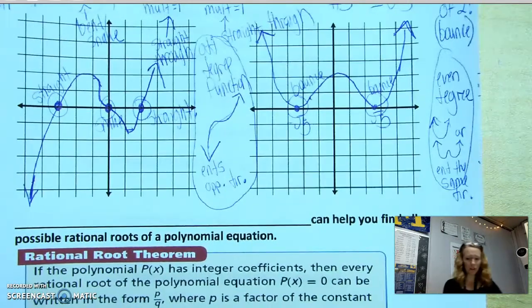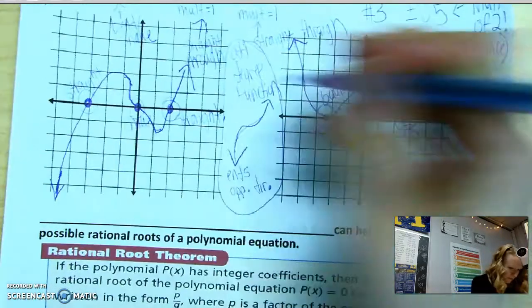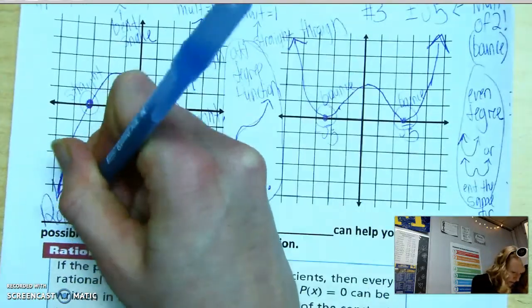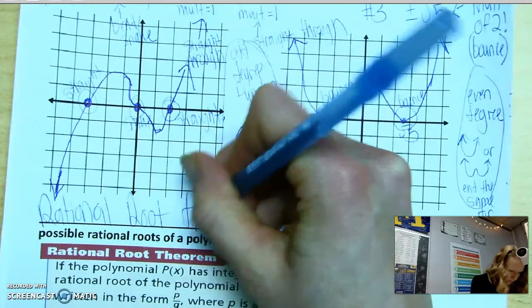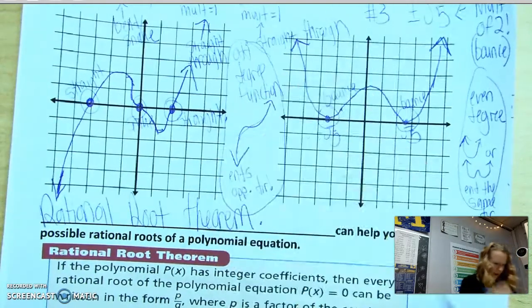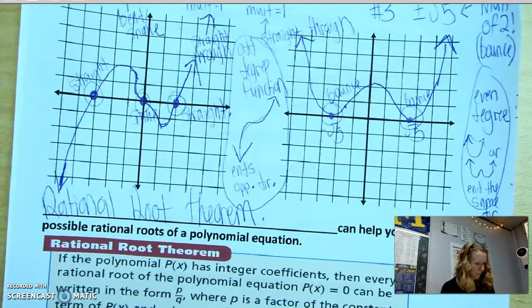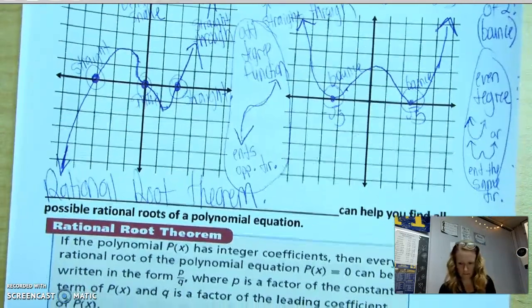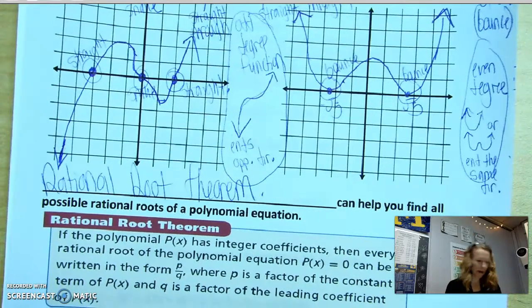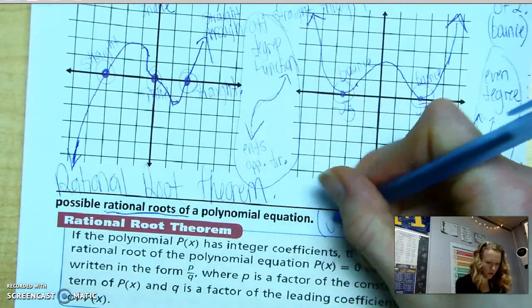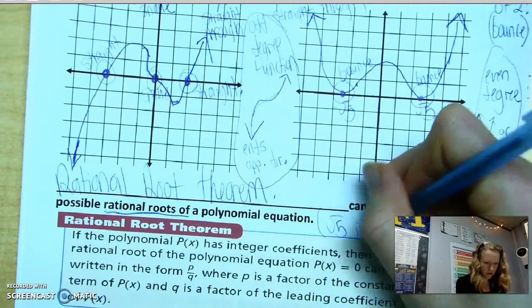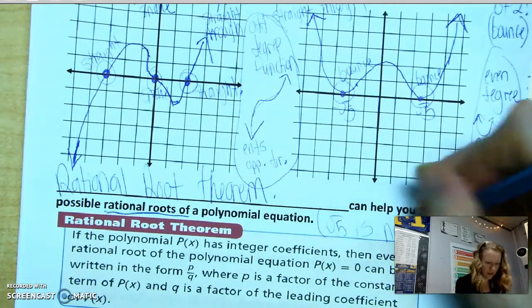All right, last thing that we need to talk about is your rational root theorem. It's a bit tricky. So you have a polynomial that has integer coefficients. Rational roots, remember rational means no square roots or anything. Rational means fractional.